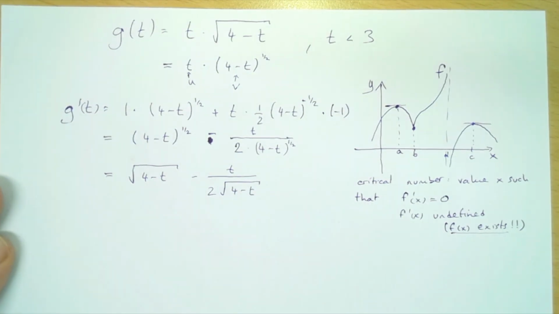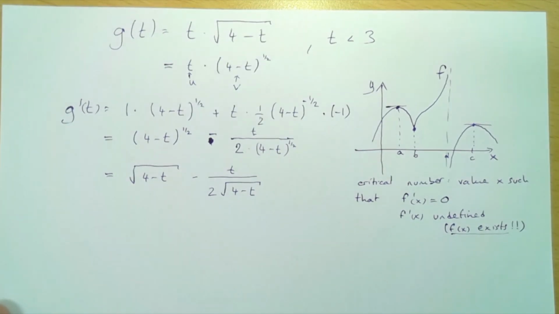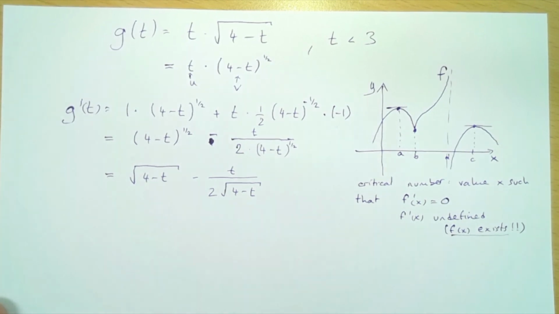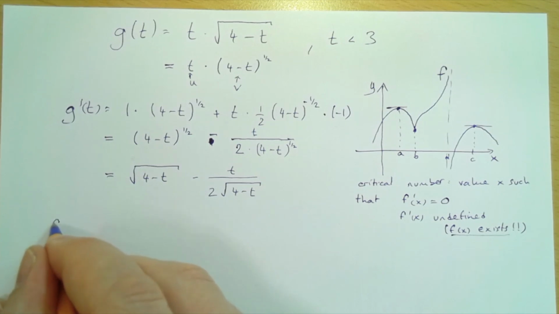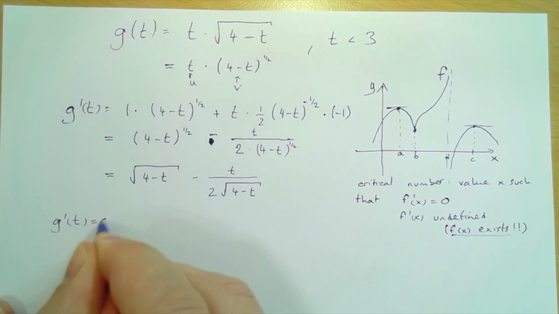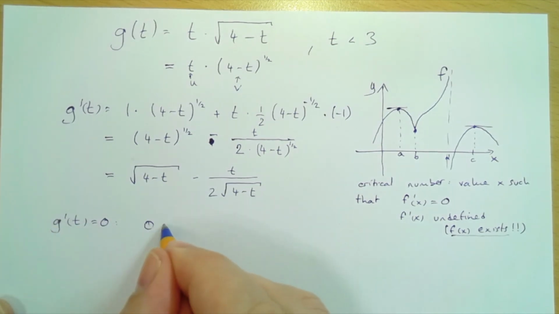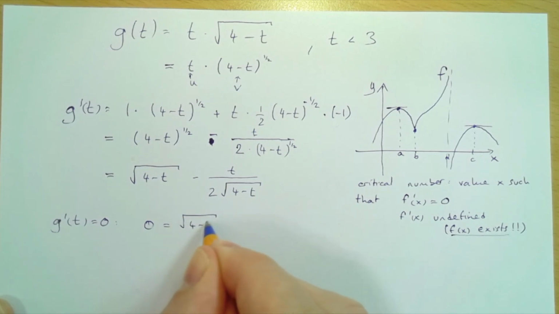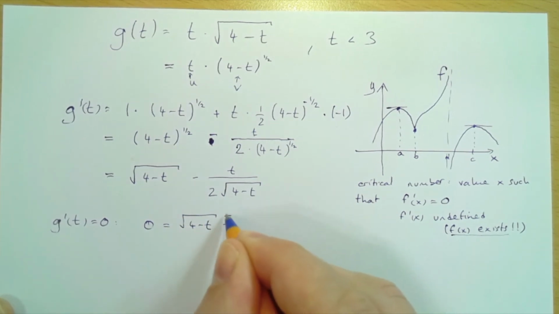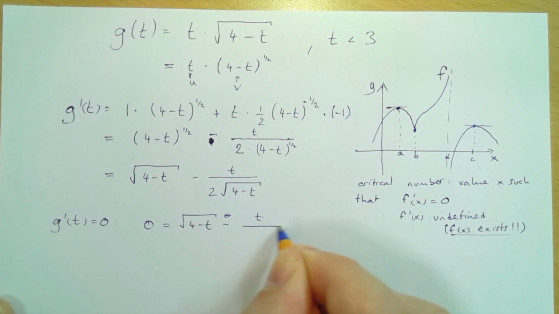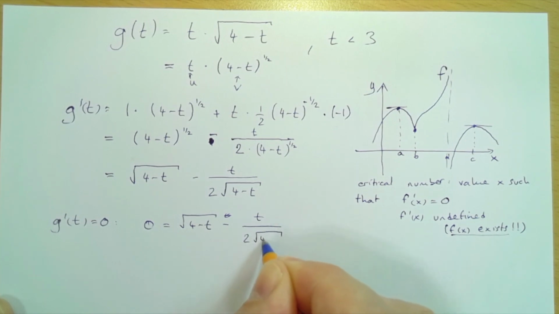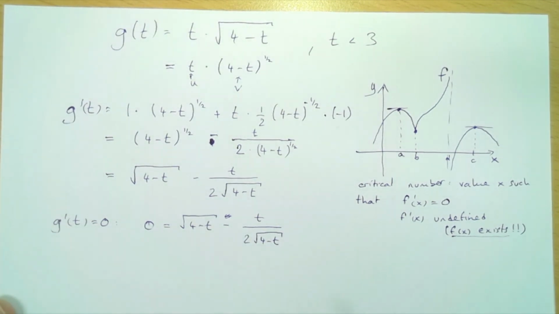And we're going to have to solve this g prime of t equals 0 or g prime of t undefined. So g prime of t equals 0. That means 0 equals square root of 4 minus t minus t over 2 root 4 minus t. It might look like it's going to be difficult, but it's actually not so hard.